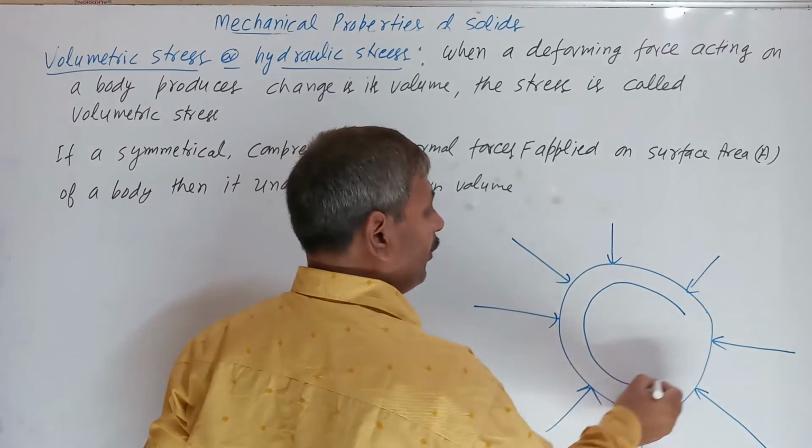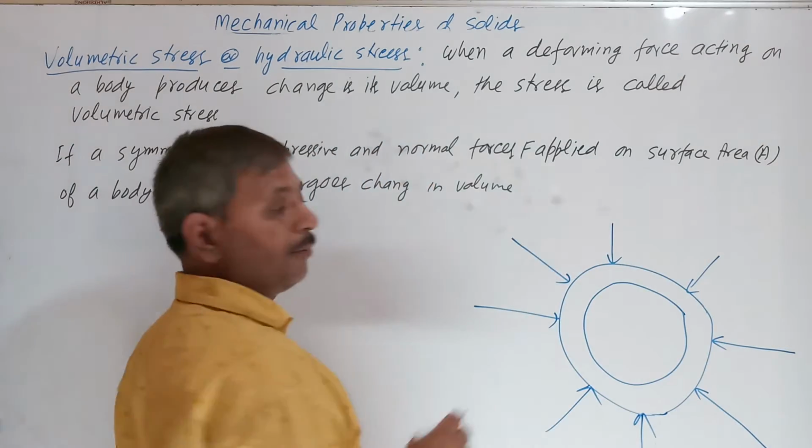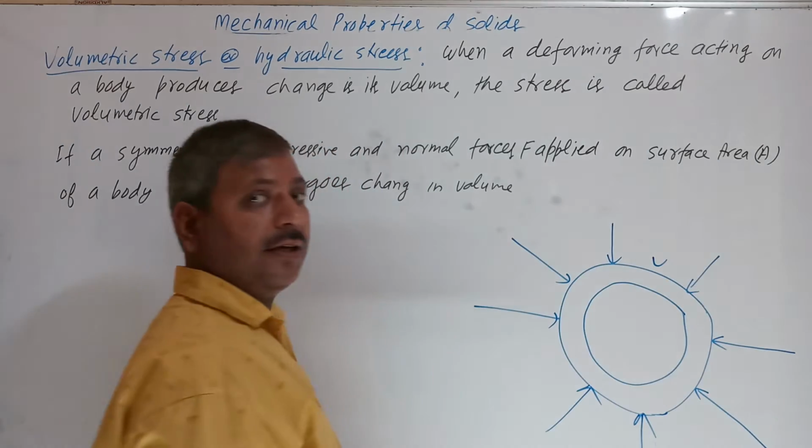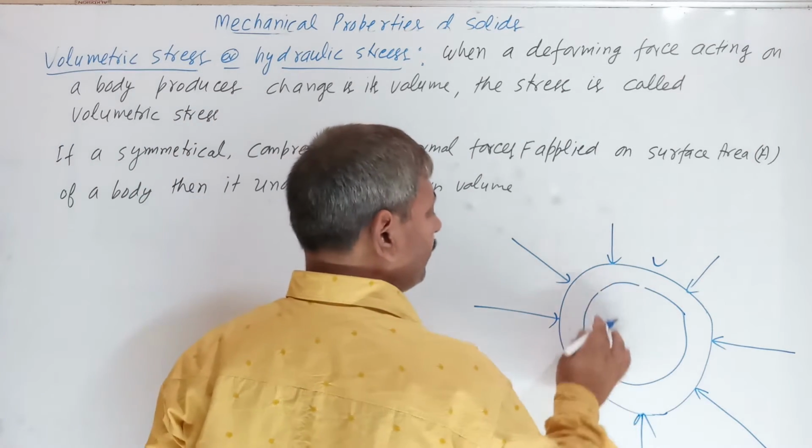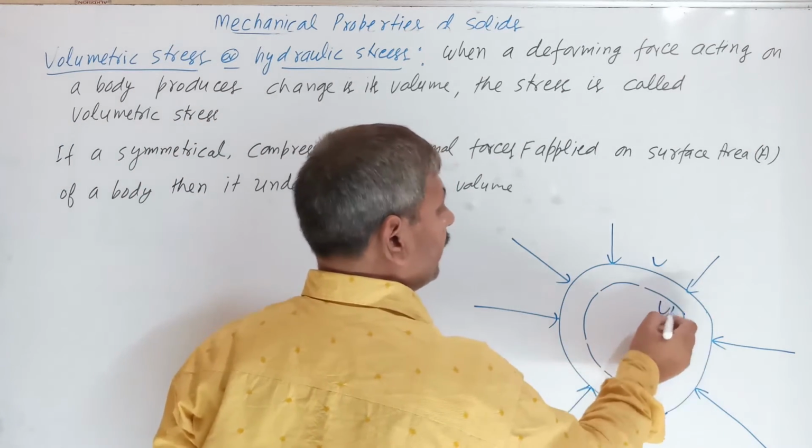The sphere's volume is reduced. Suppose its initial volume is V, and after compression its volume becomes V dash.